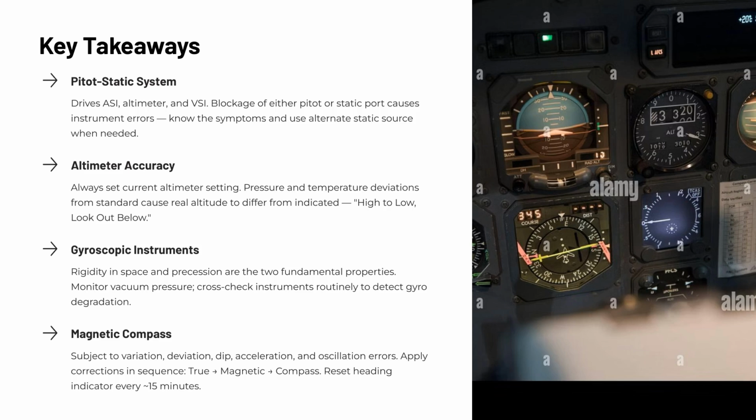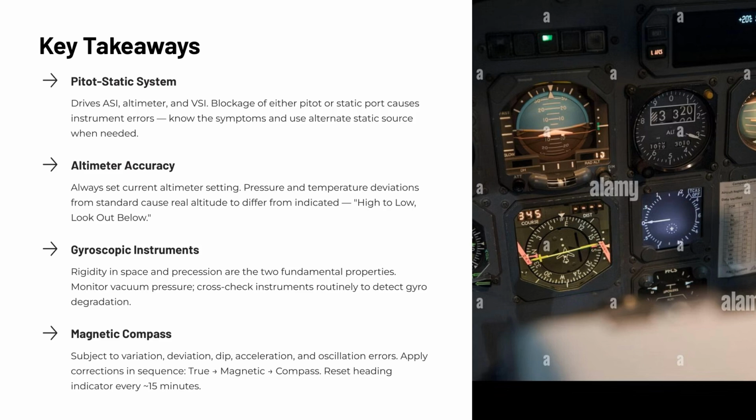When flying from high pressure to low pressure or from warm air to cold air, your actual altitude will be lower than indicated. For gyroscopic instruments, understand that rigidity in space keeps the gyro stable, while precession causes it to respond to applied forces. Monitor your vacuum gauge and cross-check instruments regularly to catch any gyro degradation early.